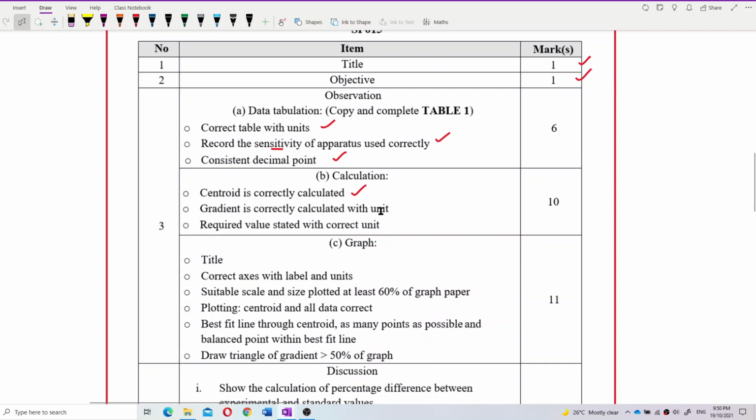How about the gradient? The gradient must be correctly calculated with unit, a correct SI unit.